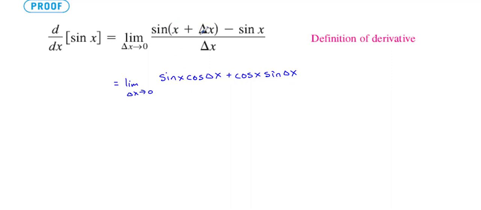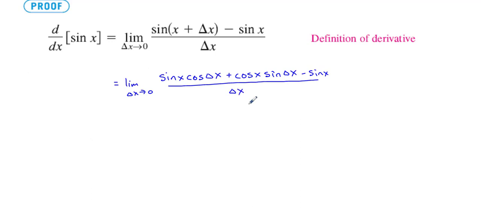If you have a sum or a difference in the argument of the trig function for sine, this is the expansion. And then minus sine x, all over delta x.